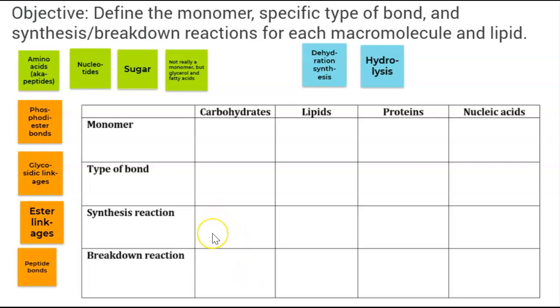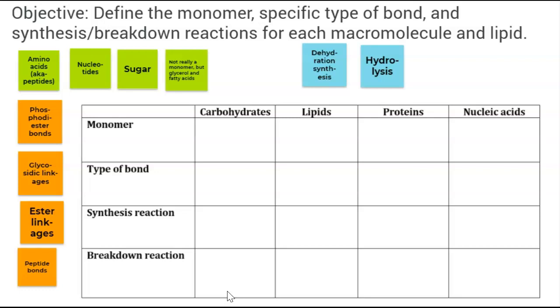So synthesis reaction means what reaction occurs when you are creating a bond, and then breakdown reaction is what reaction occurs when you are breaking a bond. So pause and find the pieces and move them within the carbohydrates section.